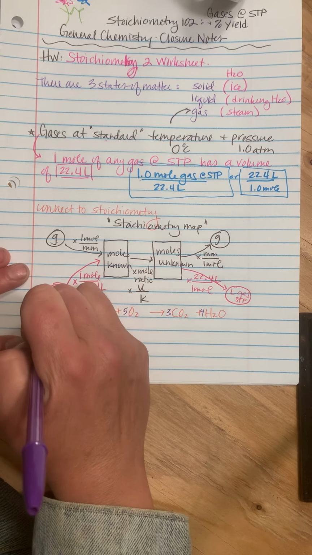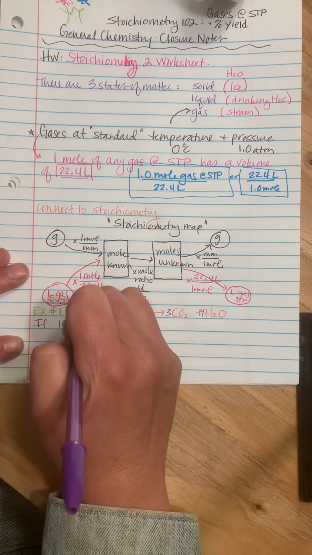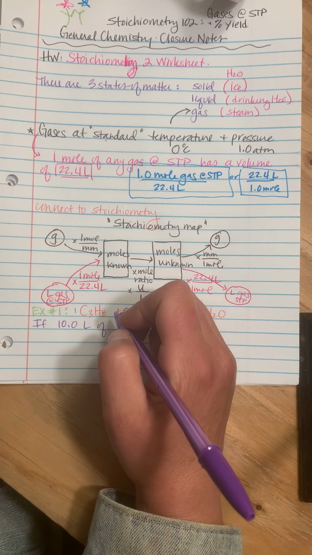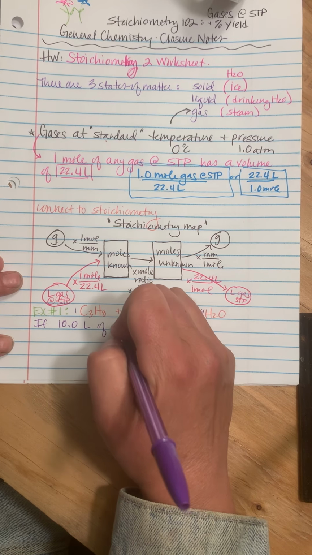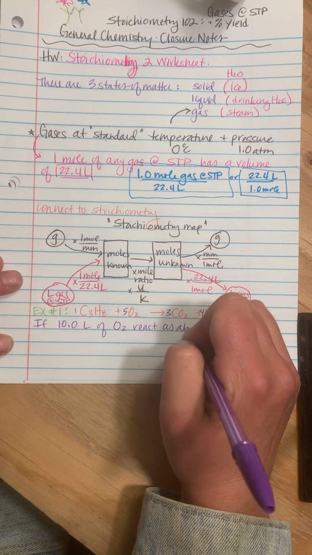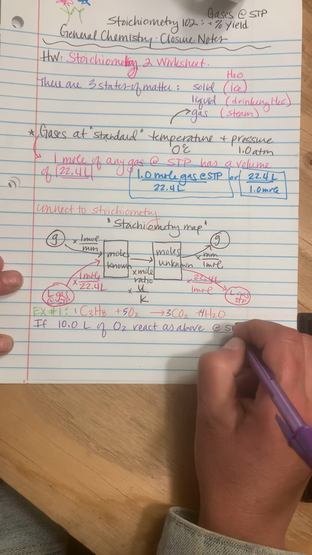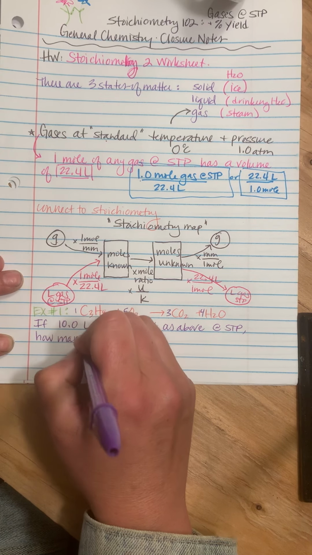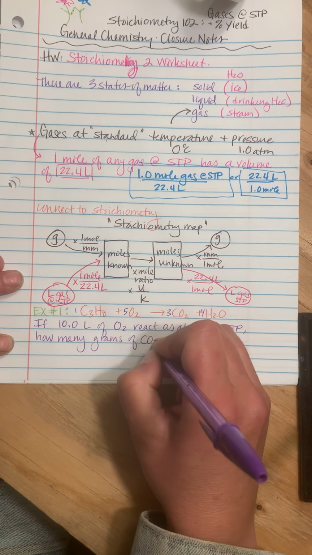And we're asked, if 10 liters of O2 react as above at STP, how many grams of CO2 could be made?